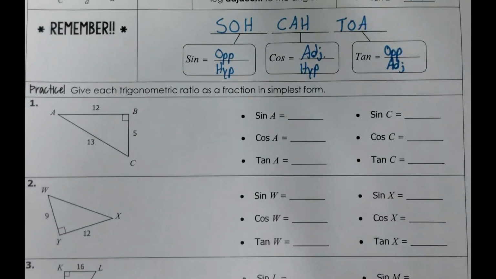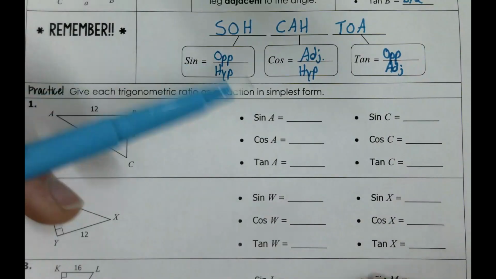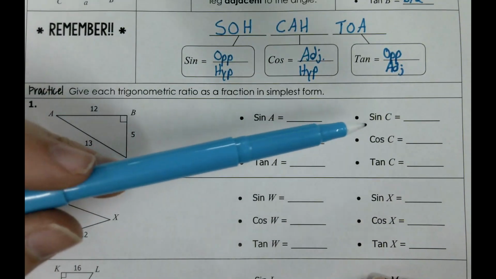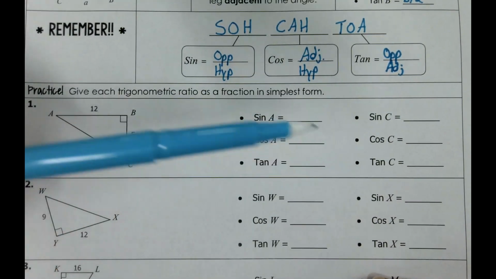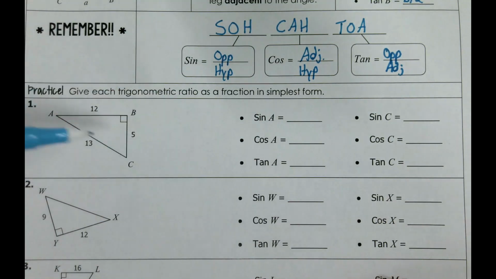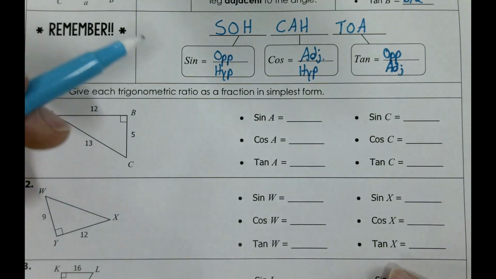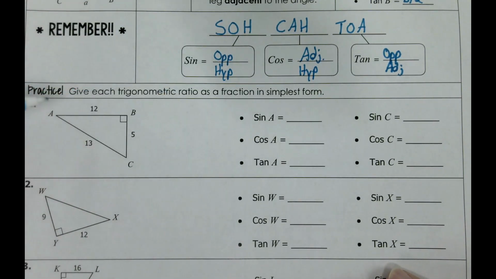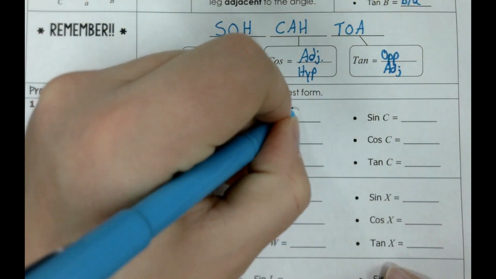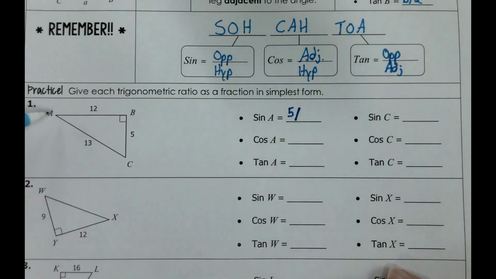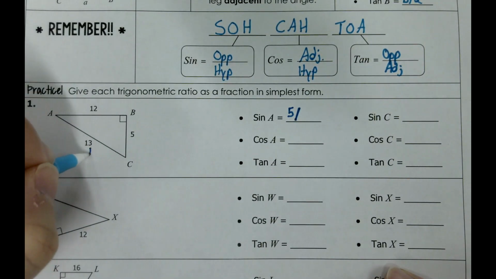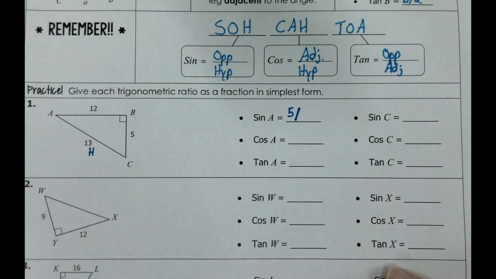Looking at number 1 here, I'm going to do sine of A, sine of C, cosine A, cosine C. I'm going to do both acute angles to figure out the ratio. If I'm looking at A, remember sine is opposite over hypotenuse. Opposite of A is 5, over the hypotenuse, which is the longest side opposite the right angle. I like to label that because that one's never going to change.